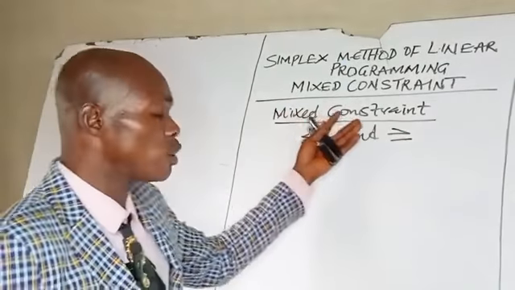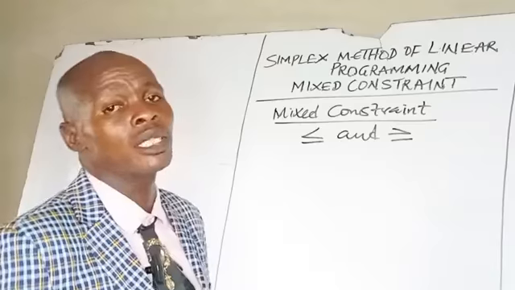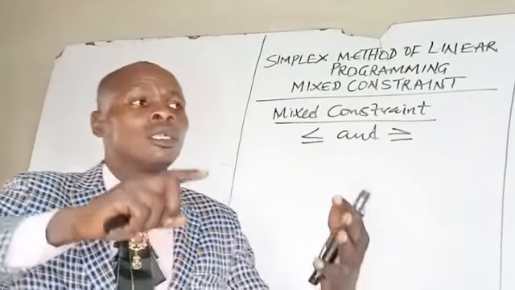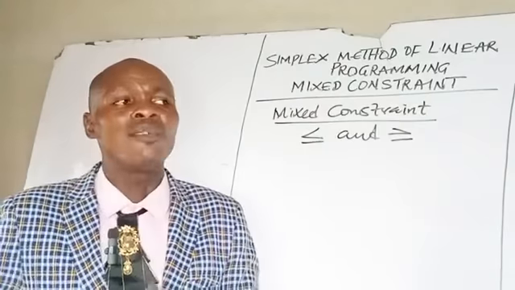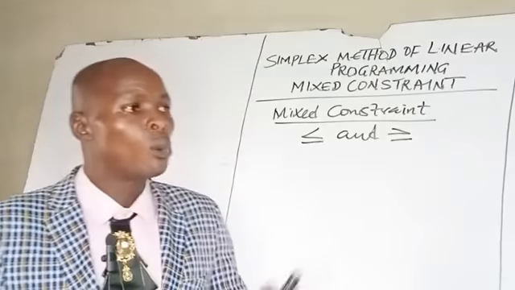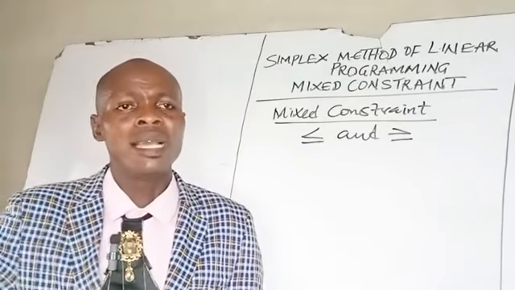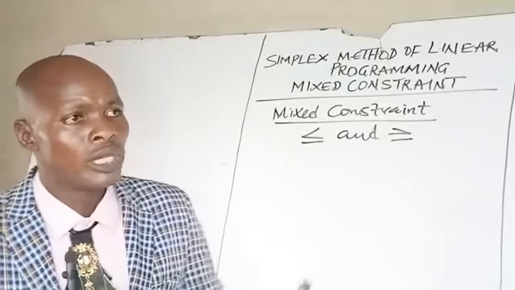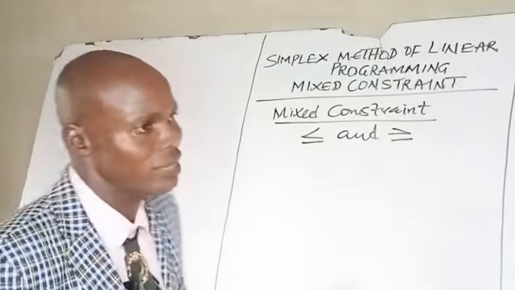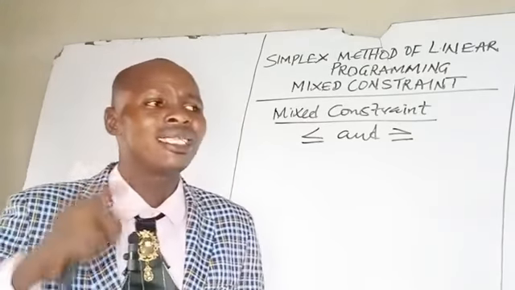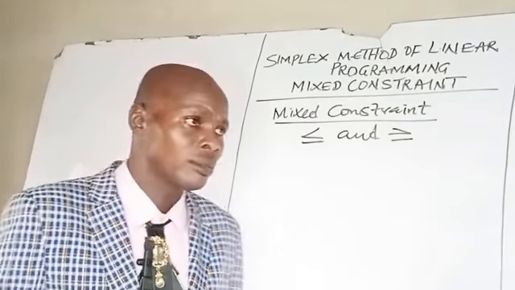There are two methods of solving problems involving mixed constraints. Number one, the first method is to reduce the available capacity by the amount required to make a unit of the special constraint product.